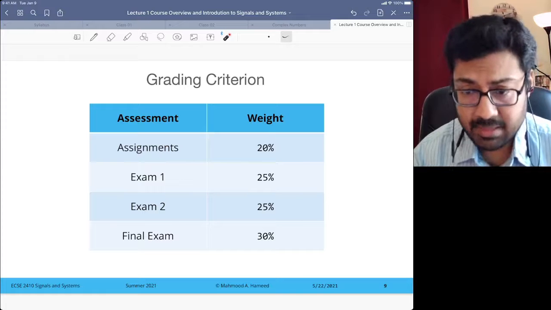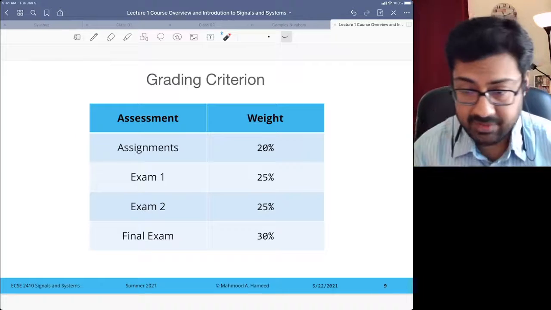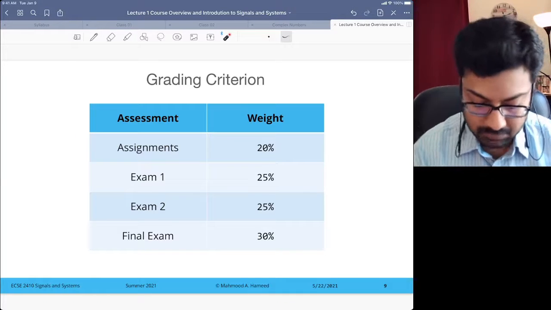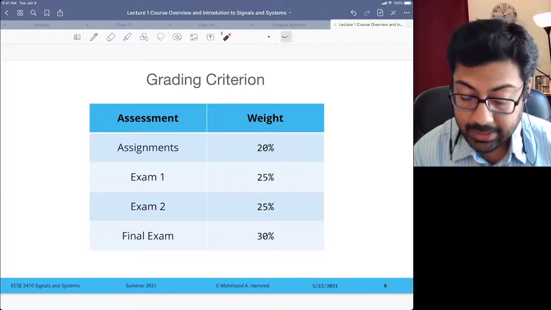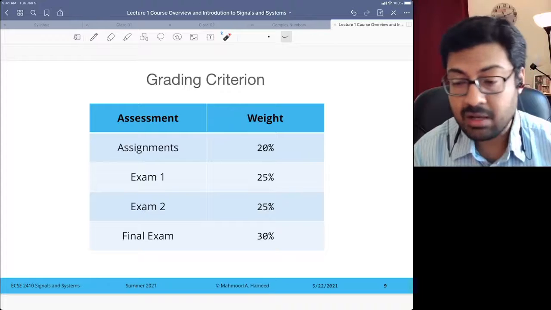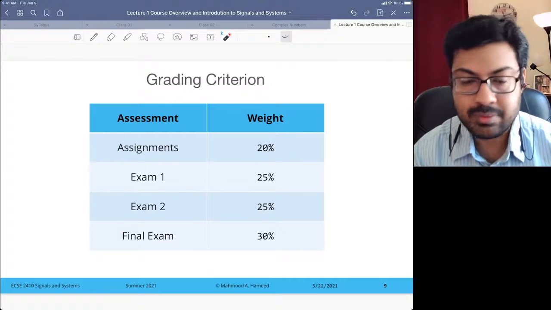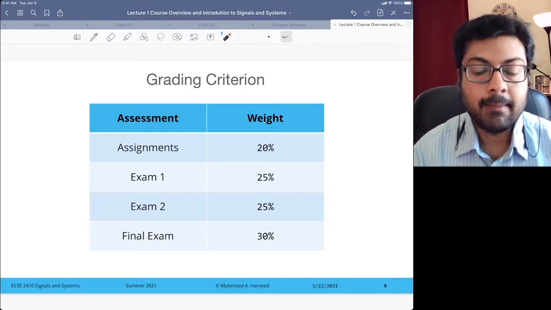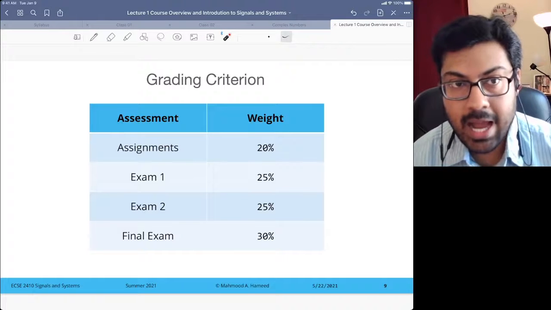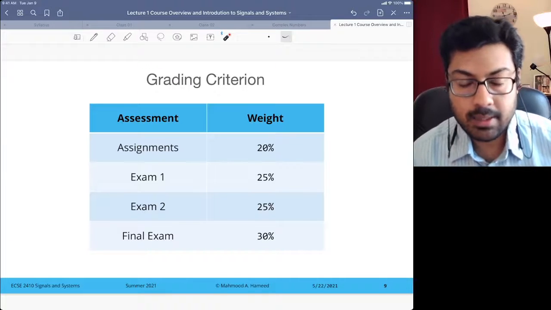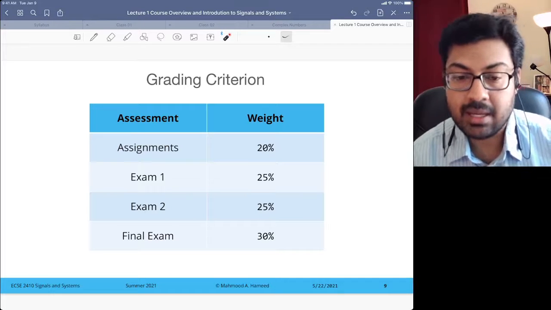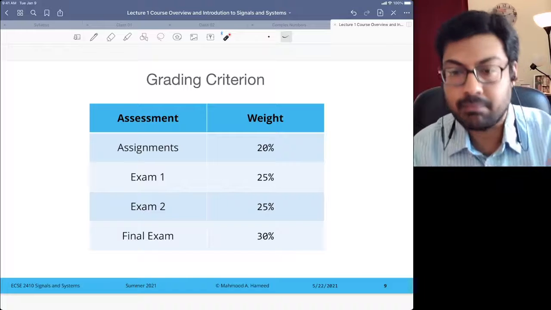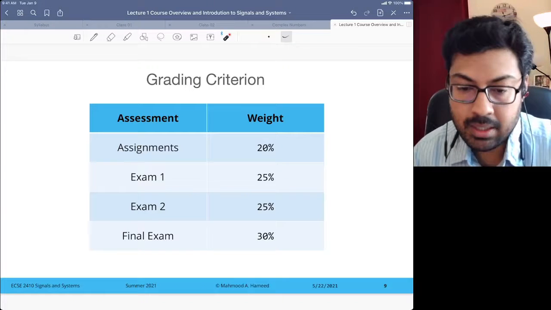Again, all these slides are uploaded on Piazza, so you don't have to take these down right now. You can look at this PDF later on after the class as well. And for those of you who are taking a class with me for the first time, I usually post slides on Piazza before the class, and after I write on them, I post after-class slides as well.